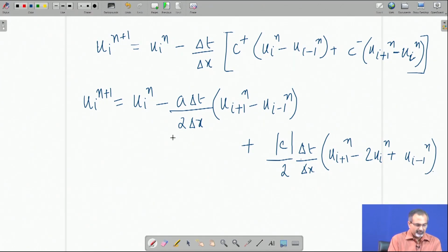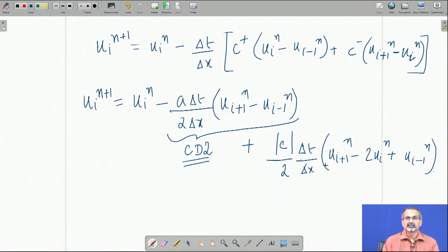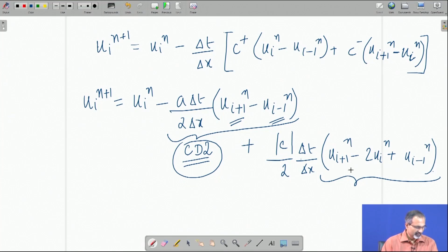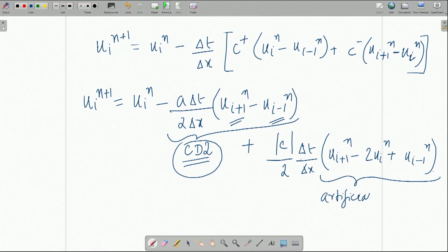So, this is the final form. As you can understand, this contribution comes from a central differencing. So, it is a second order central differencing which is involved, because we have I plus 1 and I minus 1 terms, while this contribution is like an artificial viscosity term.